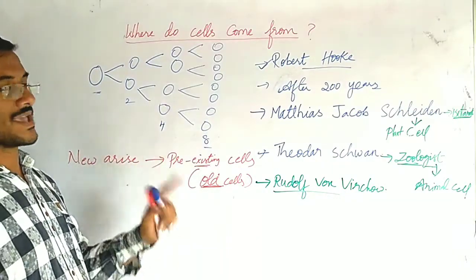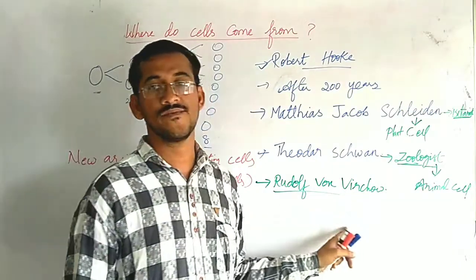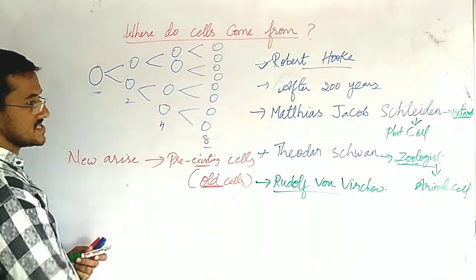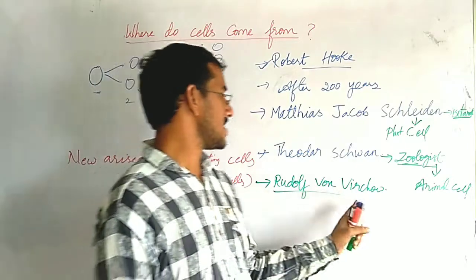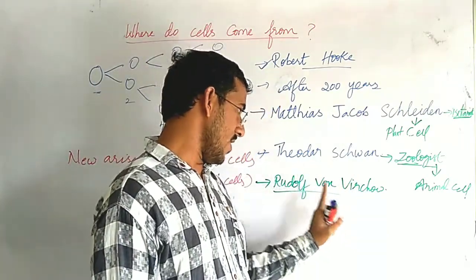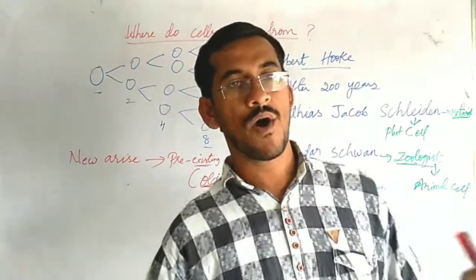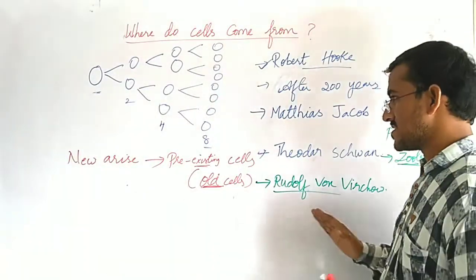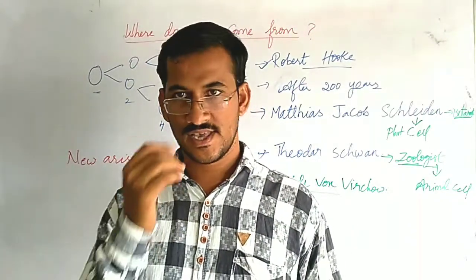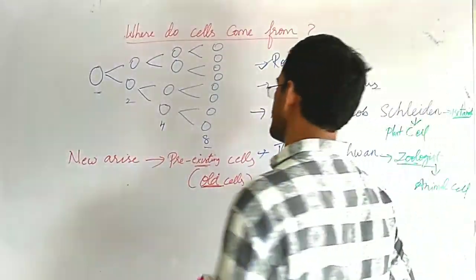And he also explained cell division. New cells will arise from pre-existing cells. After Rudolf von Virchow said this point, they added it to the cell theory. So let us see the cell theory now.